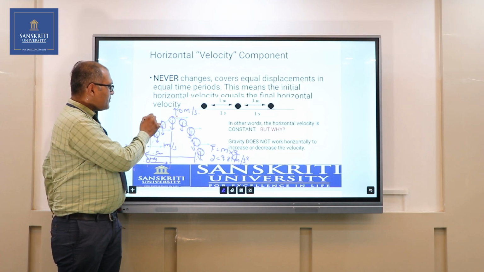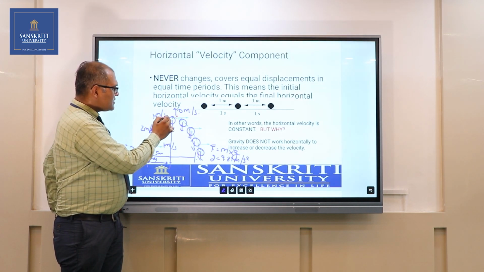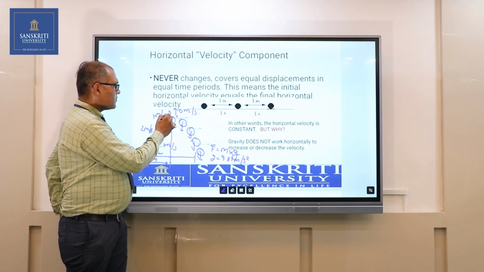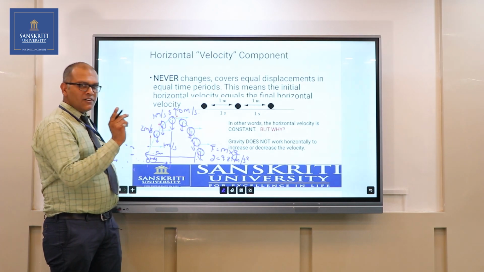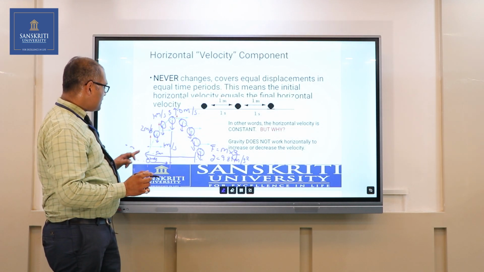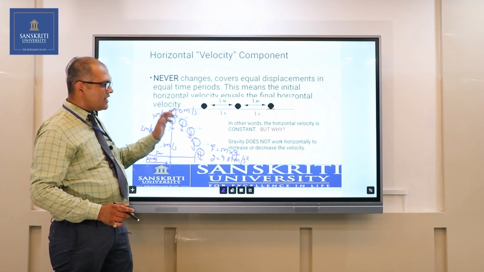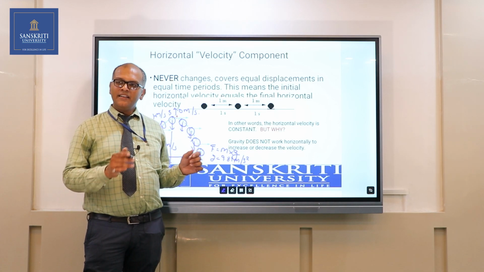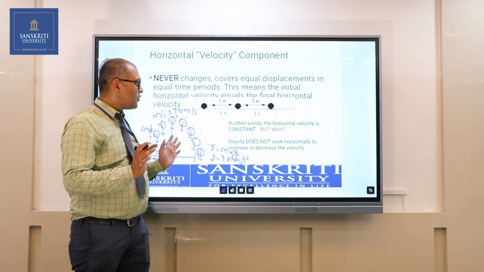Somewhere it might have become 1 meter per second, somewhere else 0.5 meters per second. Like that it is continuously changing. Whereas the horizontal velocity remains the same. It was initially 1 meter per second, and when it reaches here, it will also remain 1 meter per second. The reason is there is no horizontal force being acted upon the body.